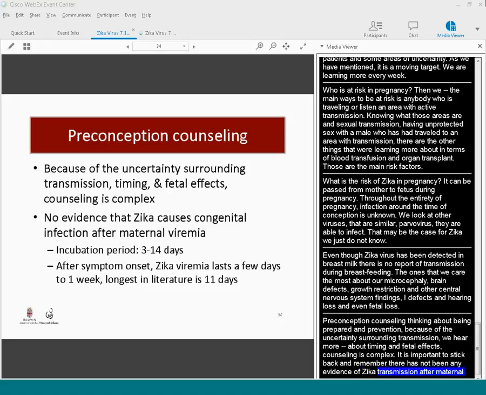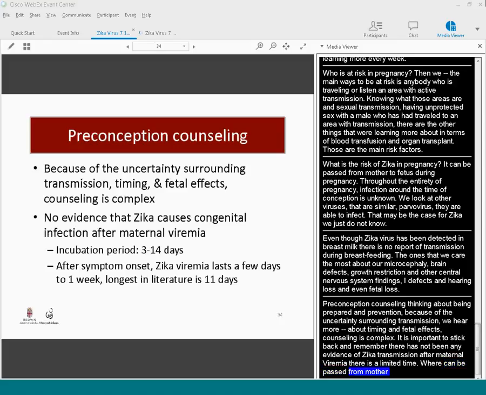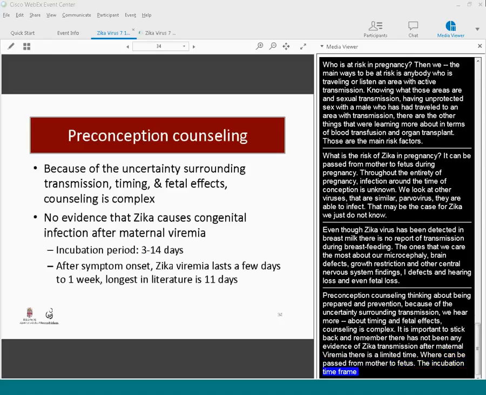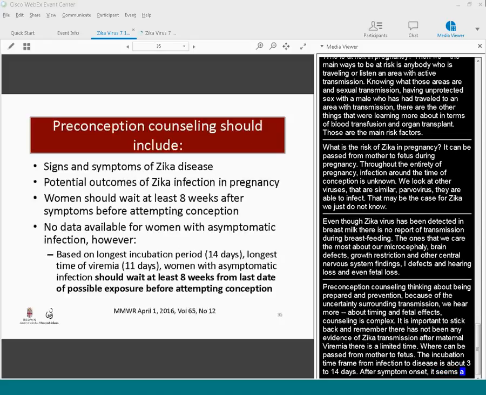The incubation period from infection to disease is about 3 to 14 days, so up to 2 weeks, and then after symptom onset, it seems like Zika viremia lasts a few days to a week, and the longest report in the literature of viremia is about 11 days.